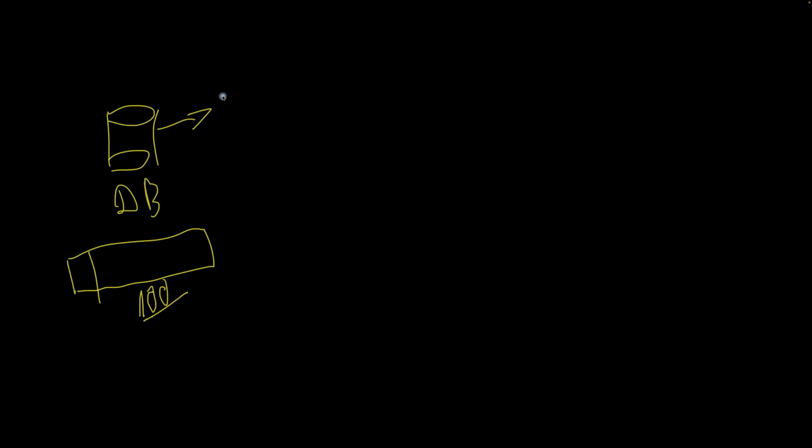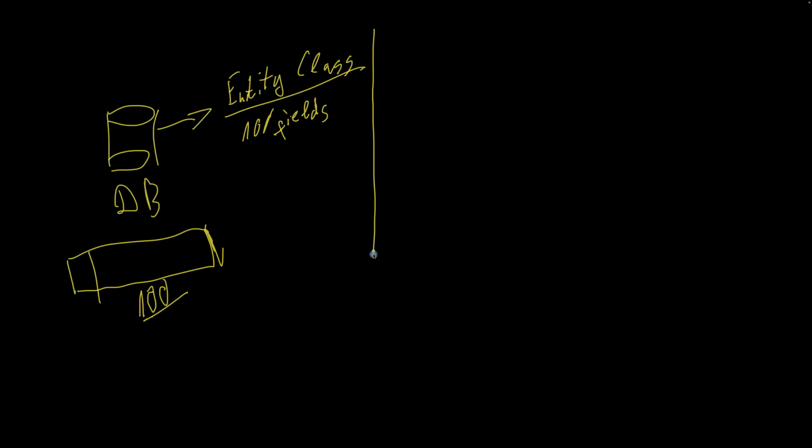In the Java entity class, because this row will be deserialized into a class in Java, we will have 100 fields. And this is in the repository layer.